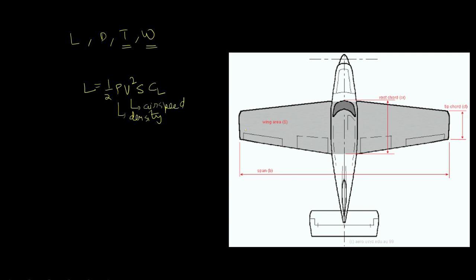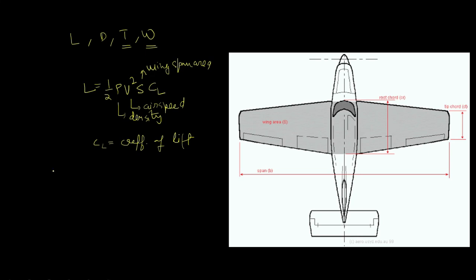S is the wing area. As you can see in this figure, this projected area, the gray area, is the wing area. CL is a constant, and we call this the coefficient of lift. So this is the formula for lift, and we know that lift is basically produced by the wings of the aircraft.